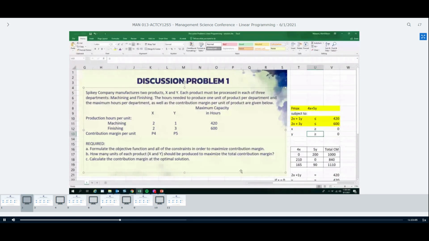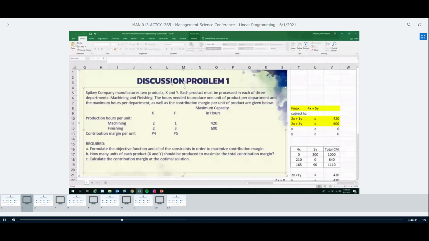Though in linear programming, we're expressing it in algebraic equation. So again, our formula to maximize contribution margin is 4x plus 5y. So ulitin ko, saan galing tong 4x plus 5y? We have two products.